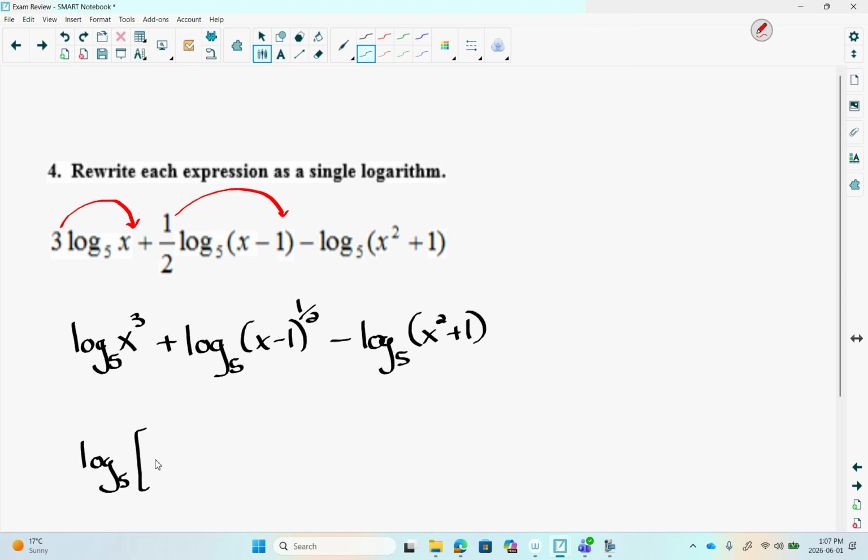I'm going to do this. What should go up top? Anything with a plus sign in front of it. So this is a positive logarithm. This is a positive logarithm. So what do I put up top, though? The x cubed and the x minus 1 to the 1/2.